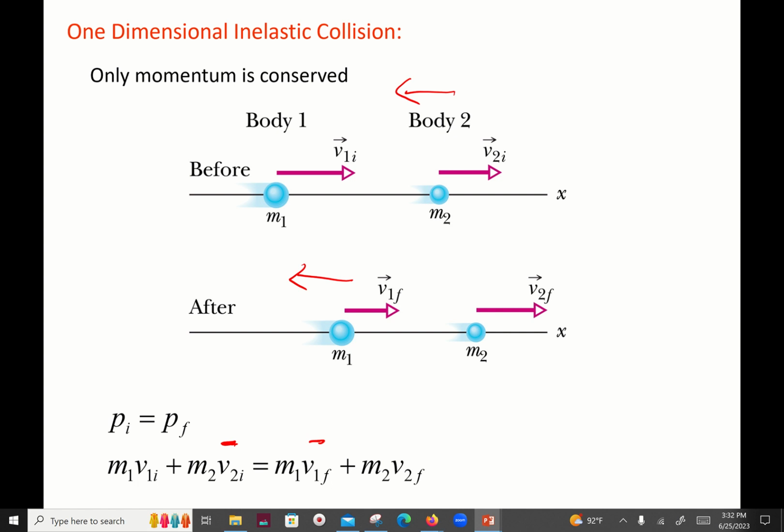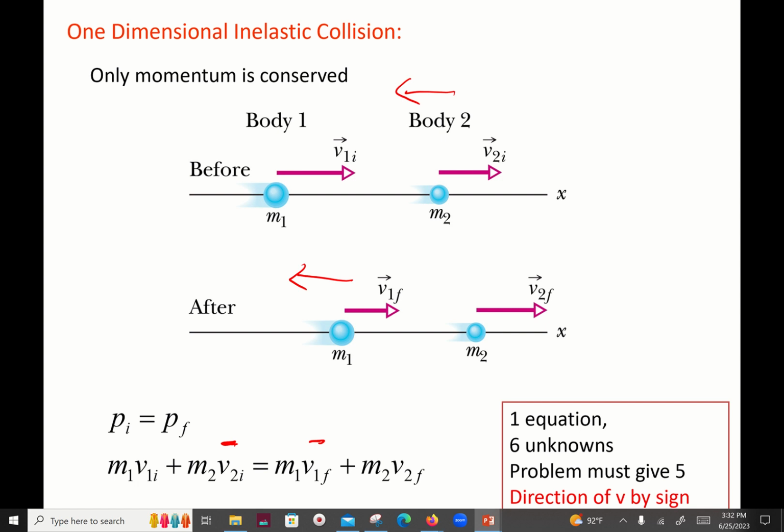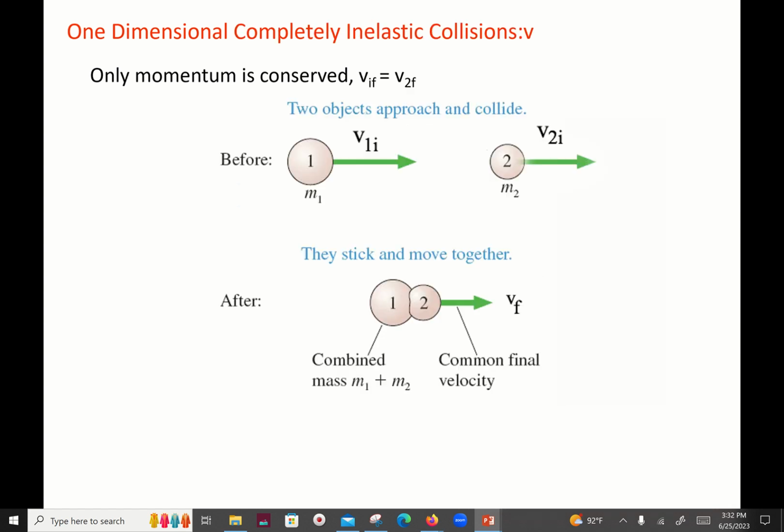So the initial and final velocity can be positive or negative depending on what direction it goes. So I have only one equation, and there are 6 unknowns, 2 masses and 4 velocities. So if you're given a problem, it has to give you at least 5 of the things in the word problem for you to be able to solve for the unknown. And again, the direction of the velocity is given by the sign.